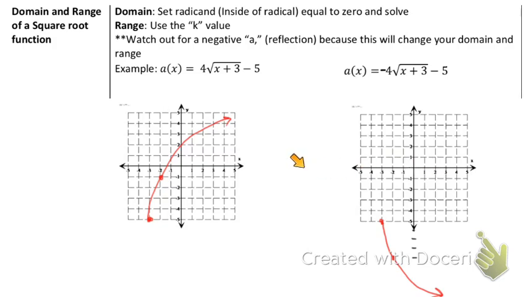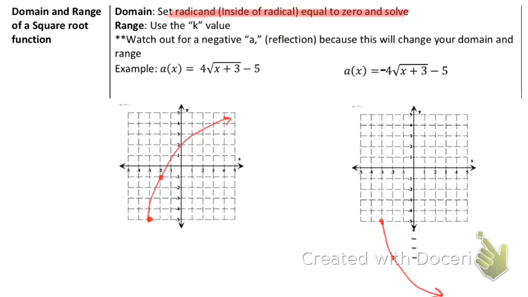I want to talk about the domain and range here. So if you look up top, I have some rules for domain and range. To find the domain, it's pretty simple. If you look at the graph, all we have to do is take the equation, so the stuff inside the radical, and we are going to set it equal to 0 and solve.